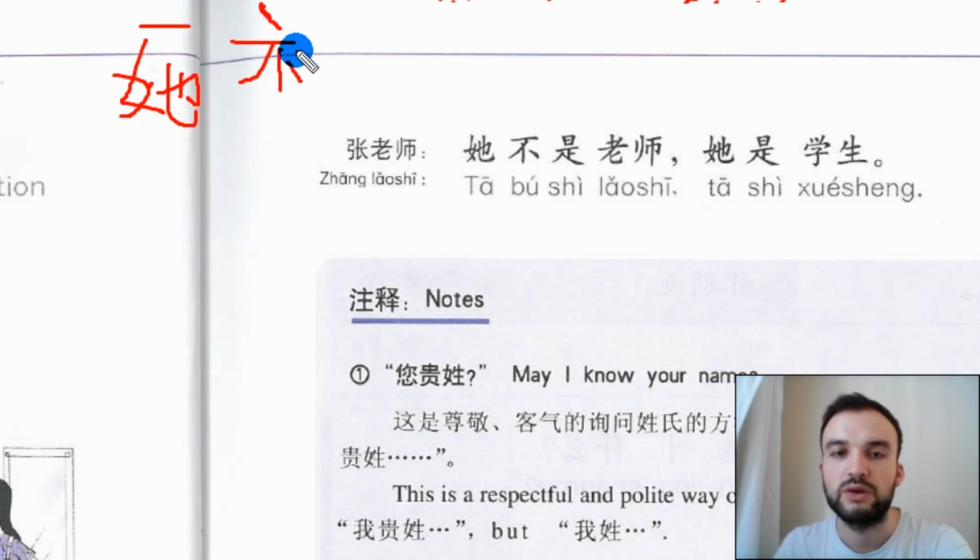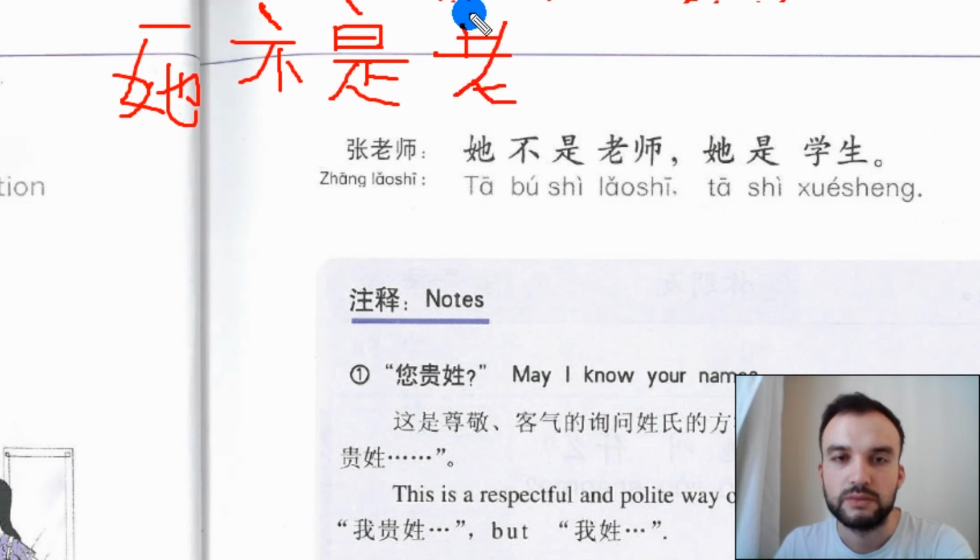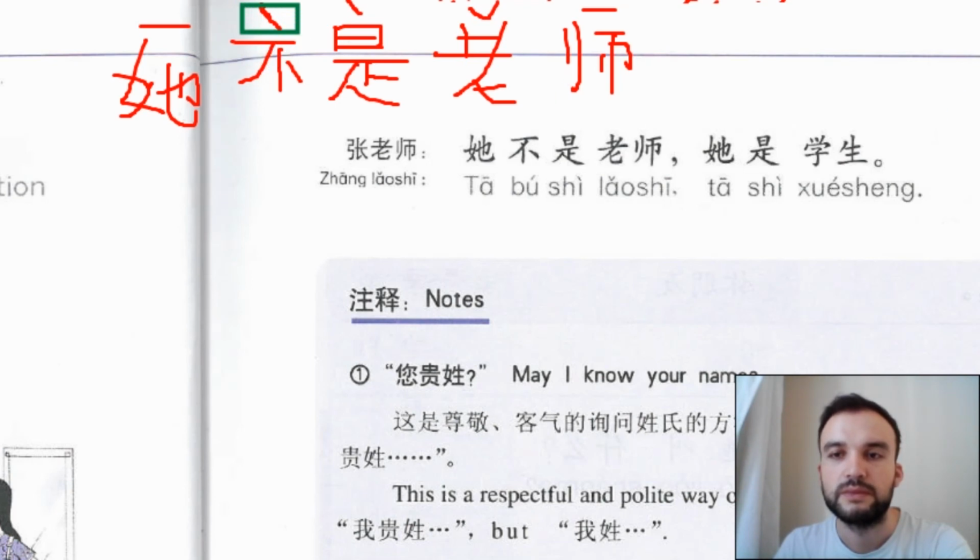Original tone is fourth tone, but here it becomes the second tone. 她不是 fourth tone. 老师 third tone. 他不是老师. This becomes the second one. 不是. She is not a teacher.